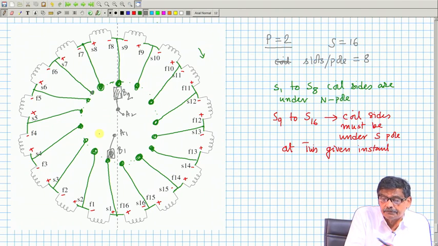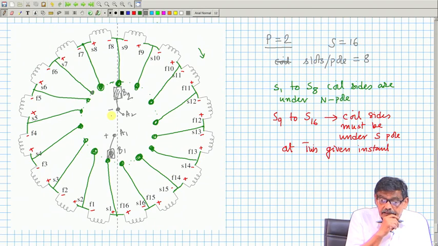That is, whoever has made the winding will tell you, put the brush here, put the brush there, so that you will get DC voltage. In this case, this A 1 becomes plus voltage, it will give minus voltage. Rotate the armature in that field produced by the stator coils, and you will get DC voltage. So, that is very nice.